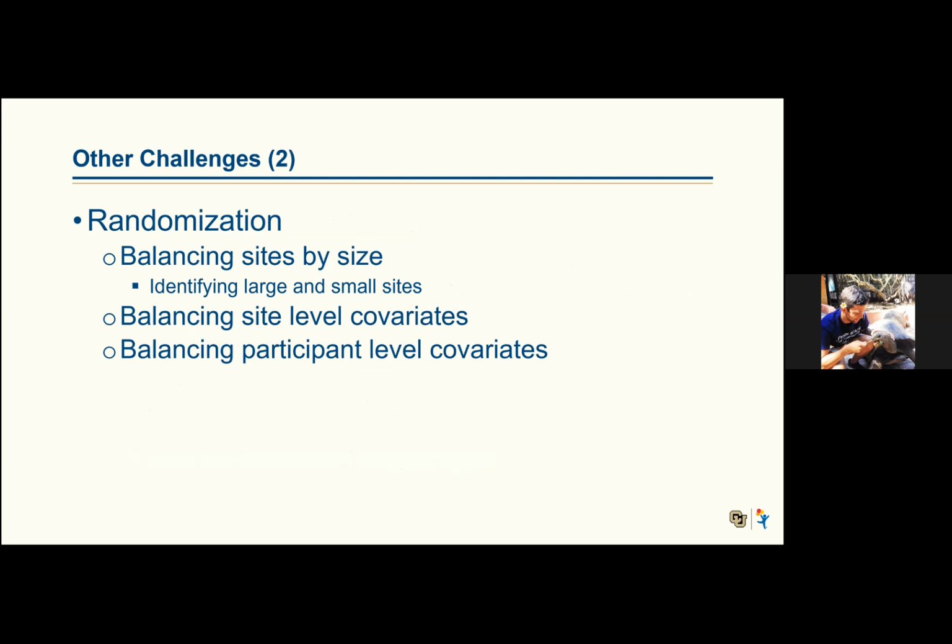If there are site level covariates like academic versus non-academic, urban versus rural, it would be ideal to balance those to make sure you didn't get all the rural sites being randomized to the control group or whatever. And then some of the participant level covariates that might vary by site. It needs to be thought about.